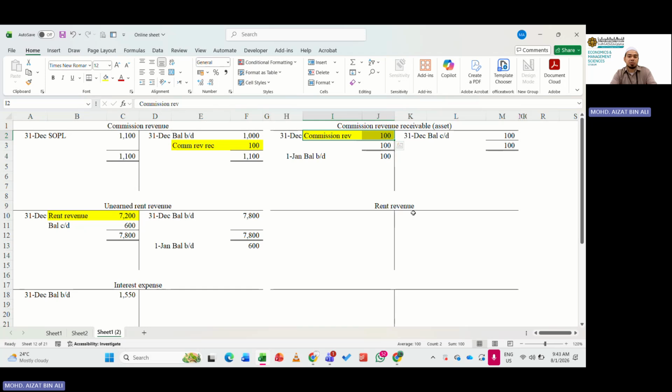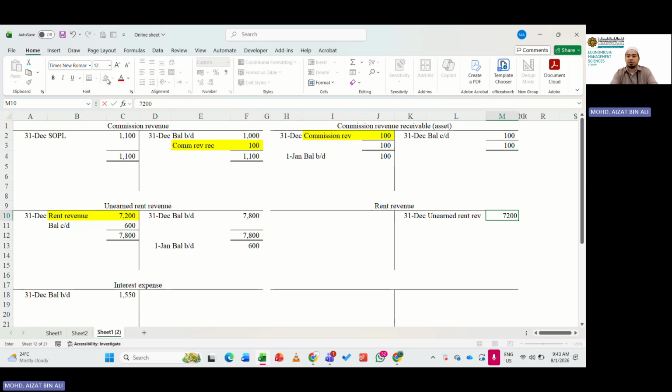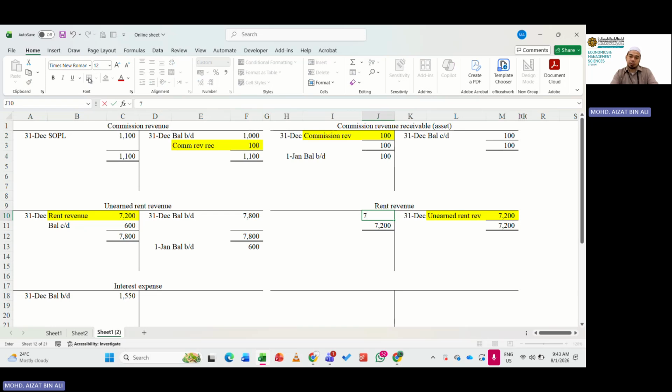This is debit, so it should be credit side. 31st December, unearned rent revenue, sorry, not 600, 7,200 ringgit. And then we're going to close the account. 7,200, 7,200. Close with SOPL, 31st December.